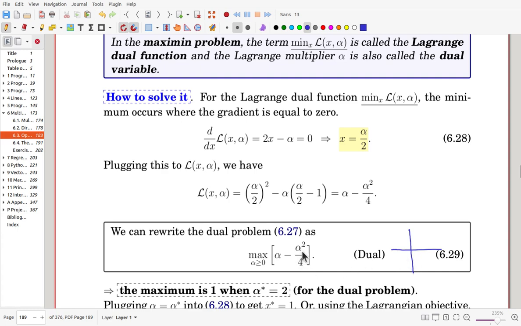And once alpha is 4, then it is 0. So the graph of this function of alpha can be given in this way. That is 4, and at 2, it is maximum. So when alpha is 2, the maximum value is 1.